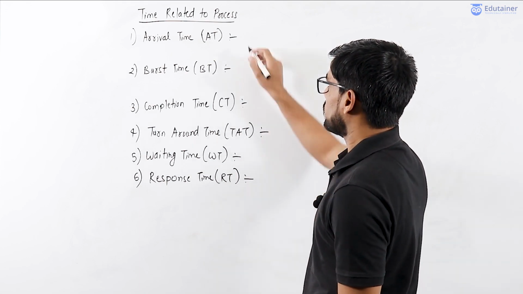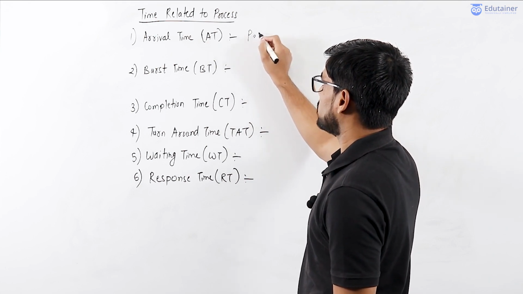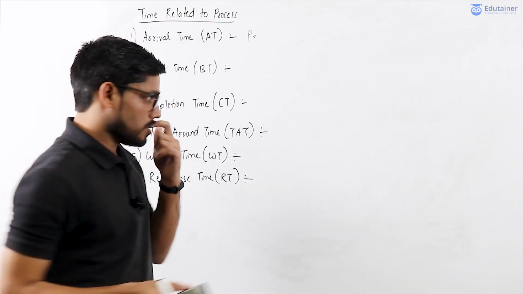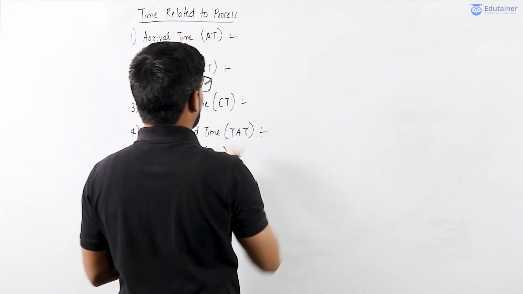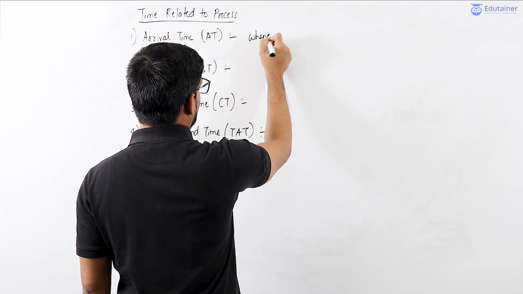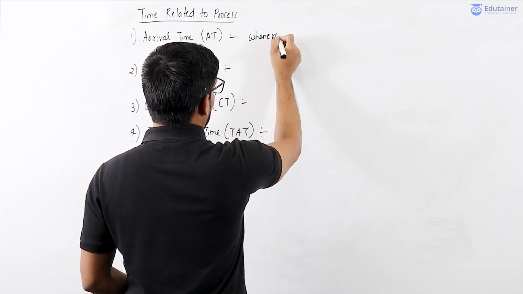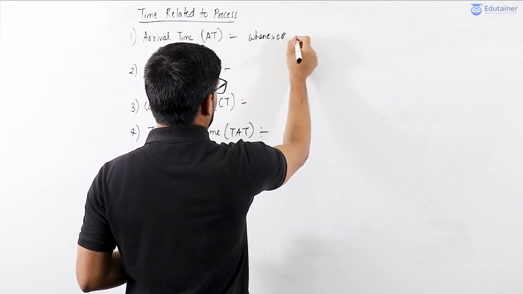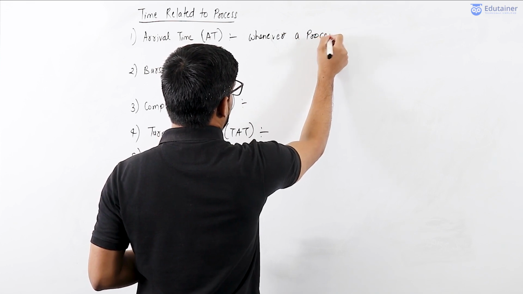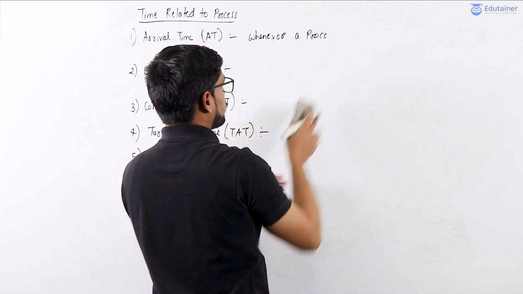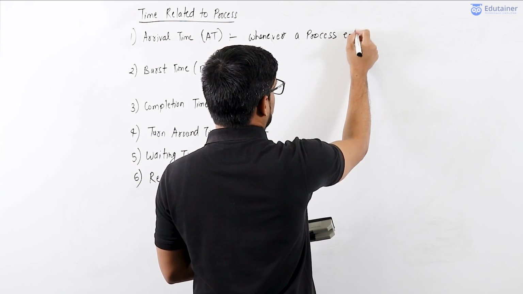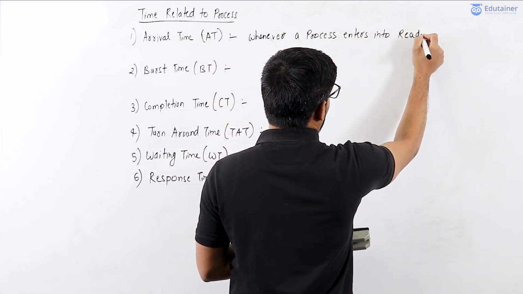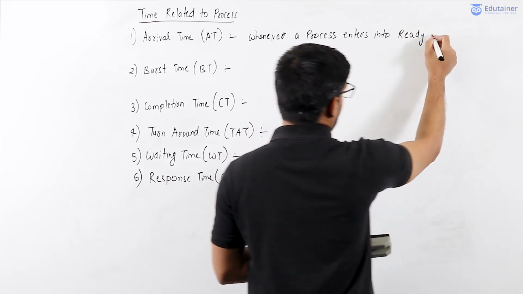What is arrival time? When a process enters into the ready state, that time is called arrival time. Whenever a process enters into the ready state, that time will be called arrival time.